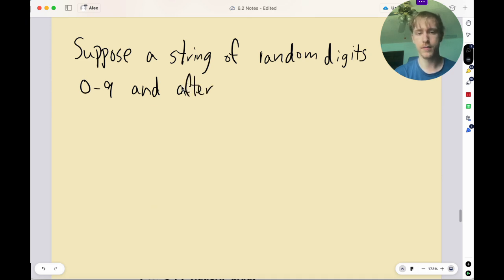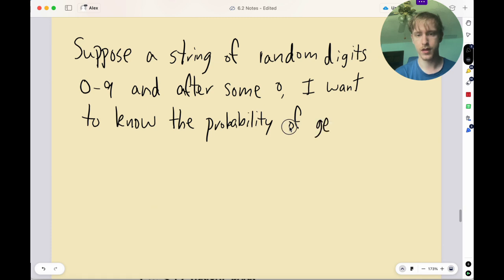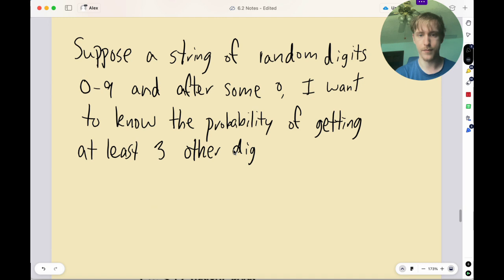So after some 0, I maybe want to know the probability of getting, say, at least 3 other digits, probability of getting at least 3 other digits before another 0.